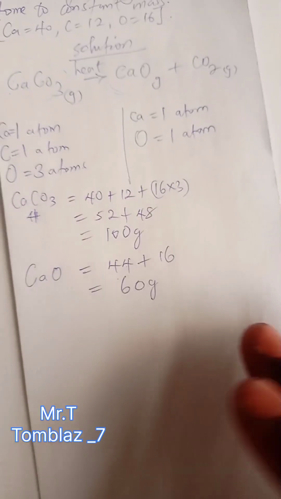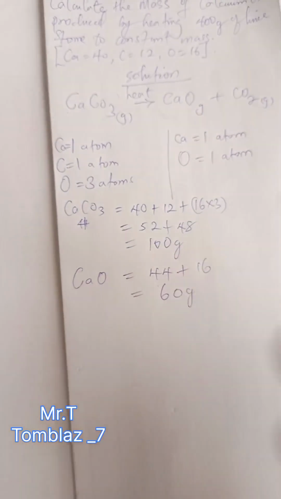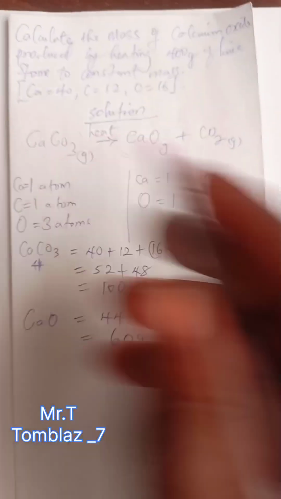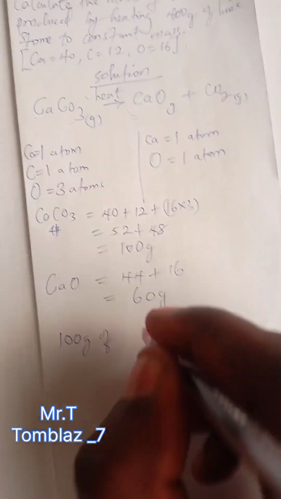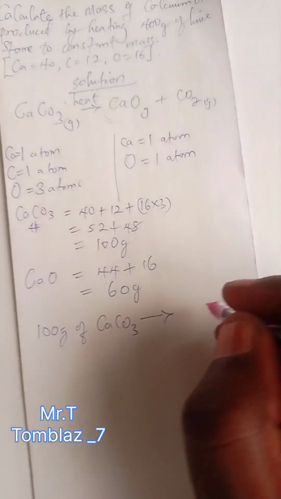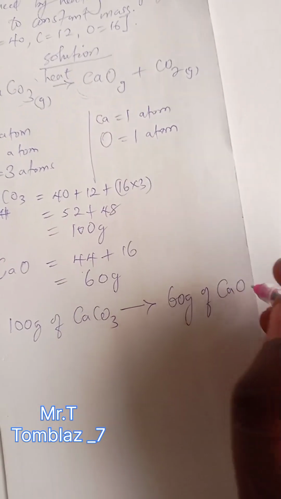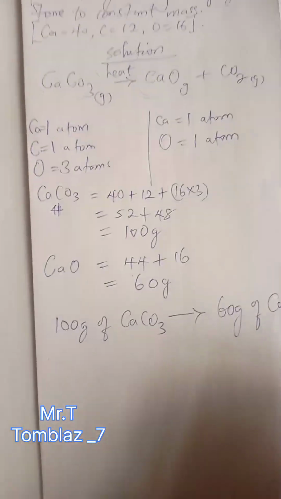So from our equation here, you can relate that 100 grams of calcium carbonate produces what? 56 grams of what? Calcium oxide. Is that okay? All right.